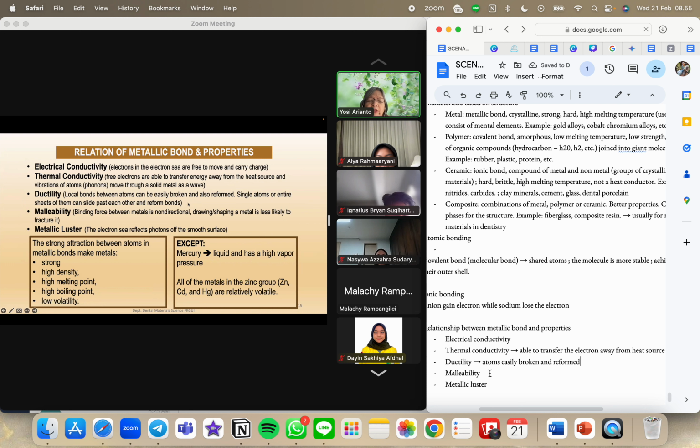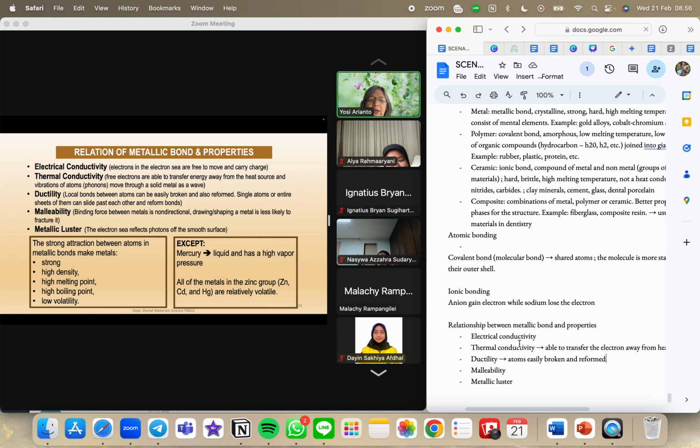That's why after deformation, the metal regains its form again.